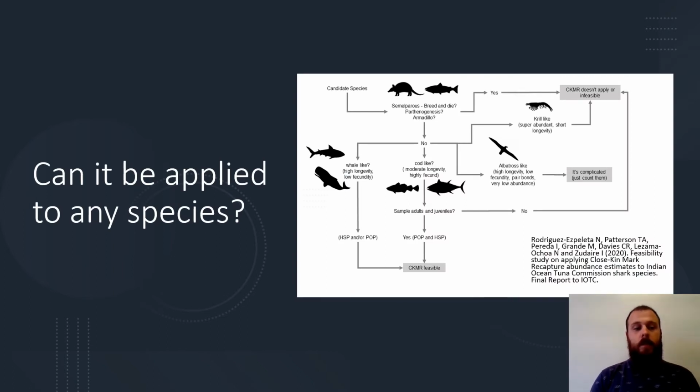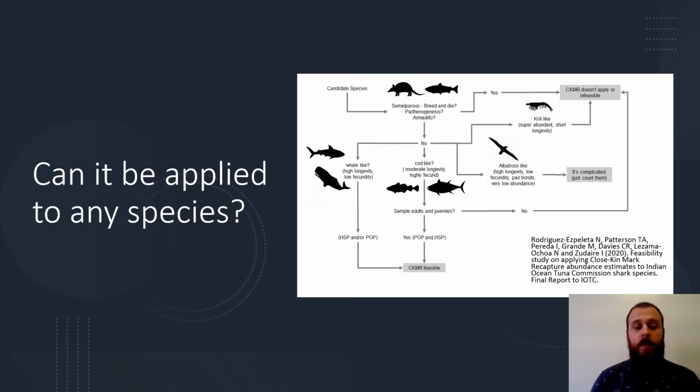The problem is that it cannot be applied to any species because it is dependent on biology features and population dynamics. Here is a guide on how to know if a species is suitable for close-kin mark recapture. But basically, we could say that we need a species which lives long enough and has low enough mortality so generations can overlap.